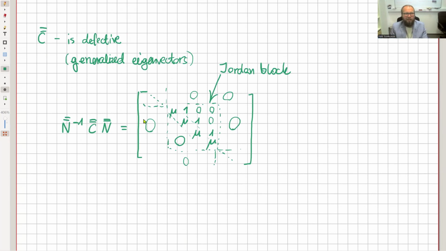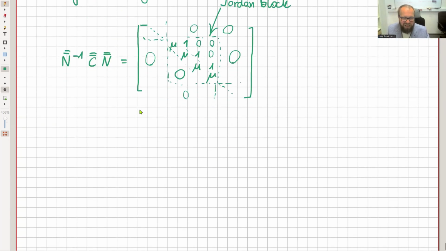Okay, you can execute this procedure, this algorithm, and once you have this, you can actually calculate the exponent. Well, many other functions also, but the exponent is what we are interested in specifically.